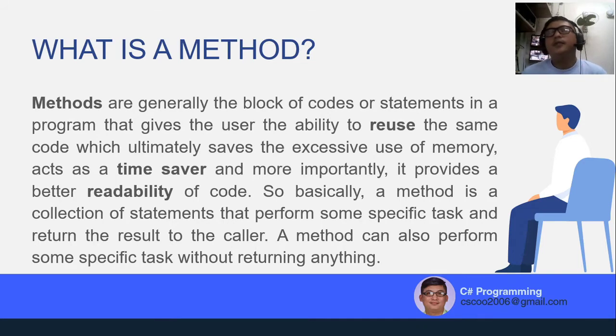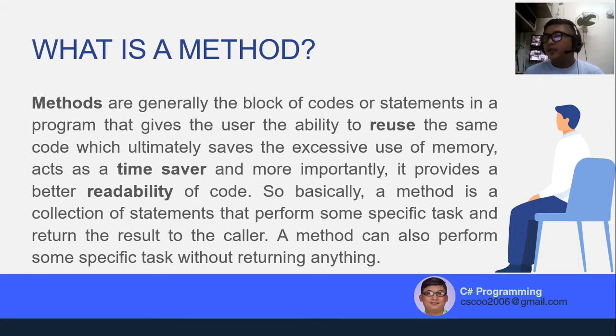One of the benefits for me in writing methods is that when I intend to develop a new project, I just need to copy a certain method from a previous one, so no need to redo it again. It's convenient for me to just copy the method and apply it without problems in the new project. So that's the purpose of methods. It gives you the ability to reuse the program.